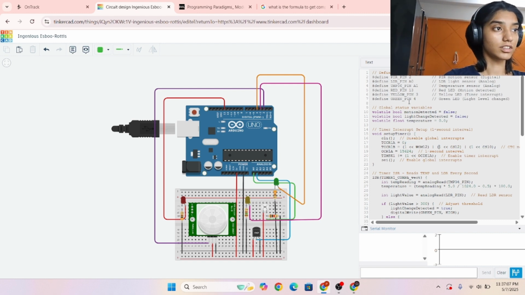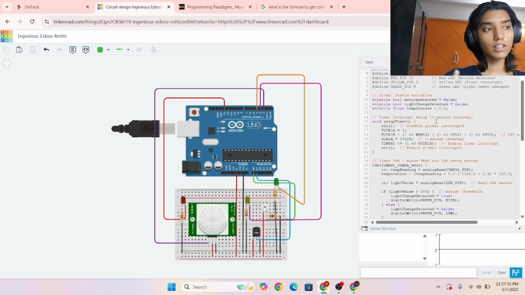I have the circuit, and I have assigned particular pins as constant values. The PIR sensor is given digital pin 2. The LDR sensor is given analog pin 0, then the temperature sensor is given pin 1, and all three LEDs are given their respective pins.